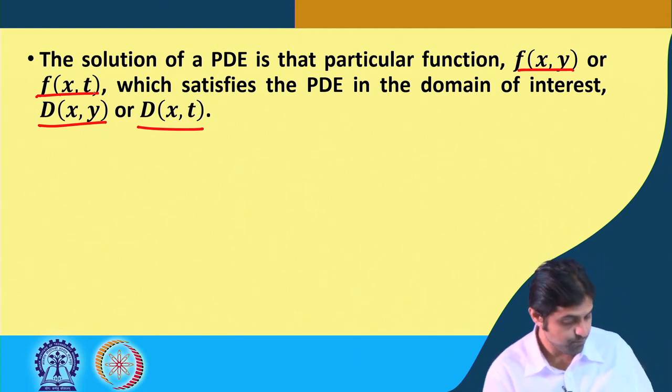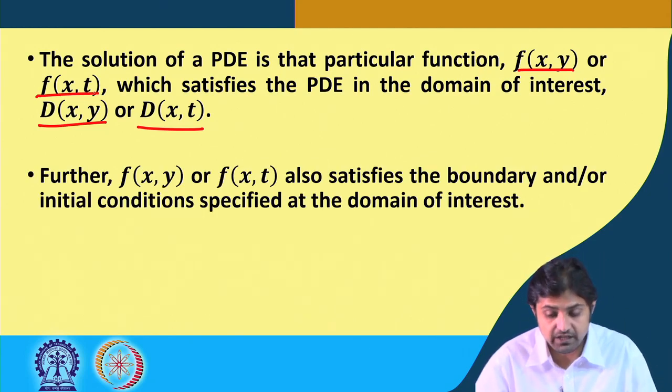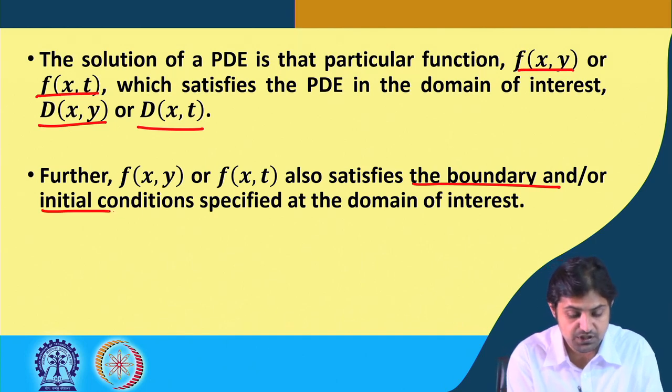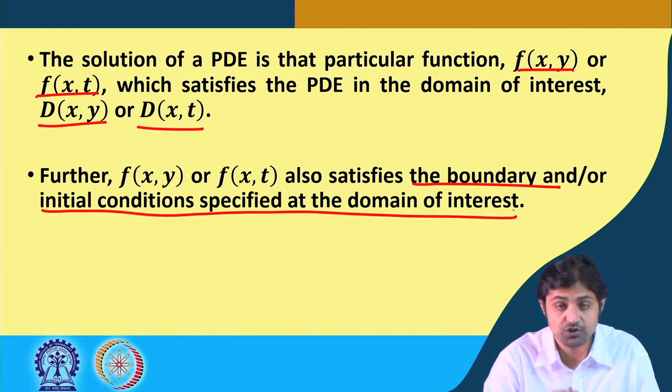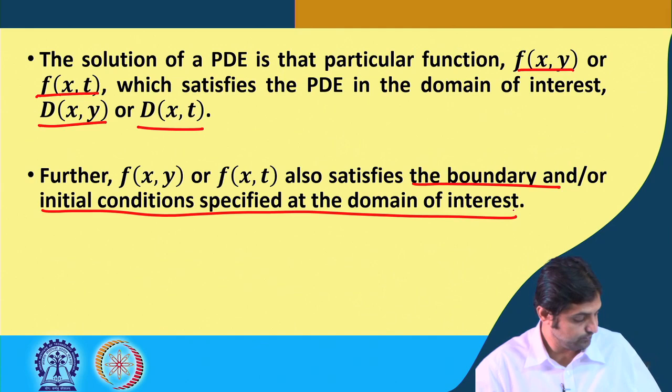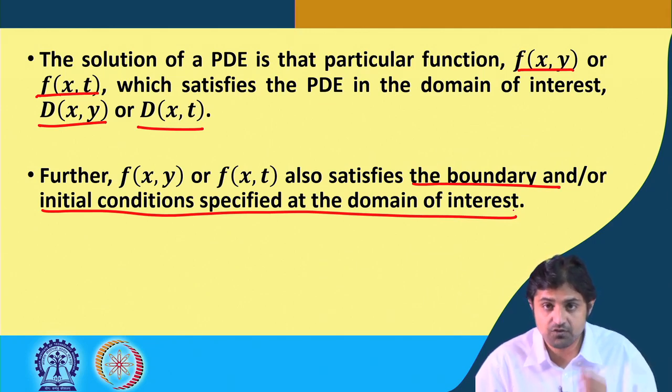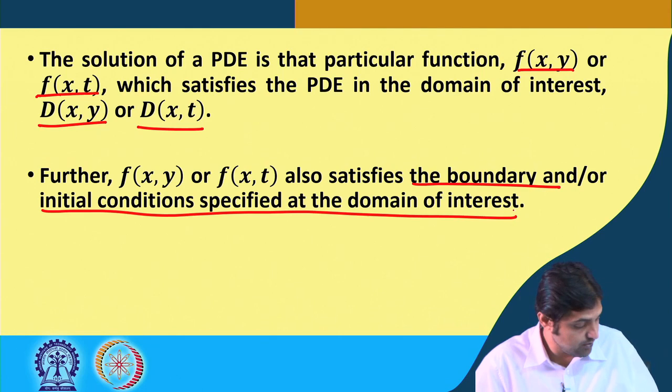Further, these are 2 different types of partial differential equations. They also satisfy the boundary and or initial conditions specified at the domain of interest. So they must be satisfied at all places in the domain or at all times for which the calculation is being done.